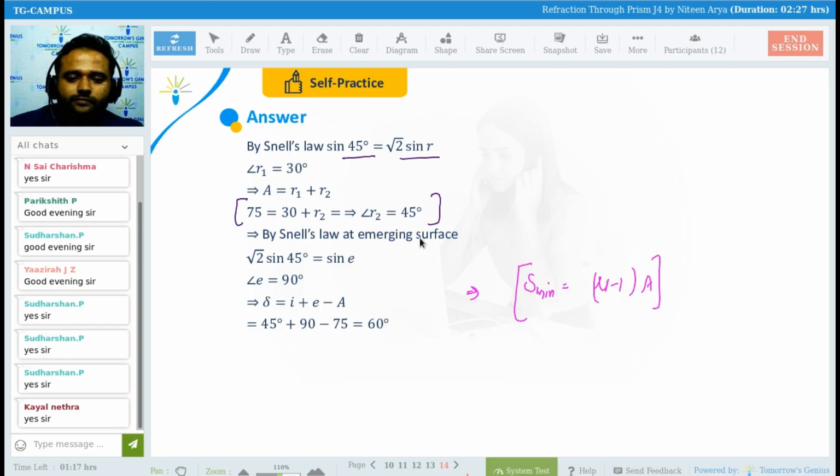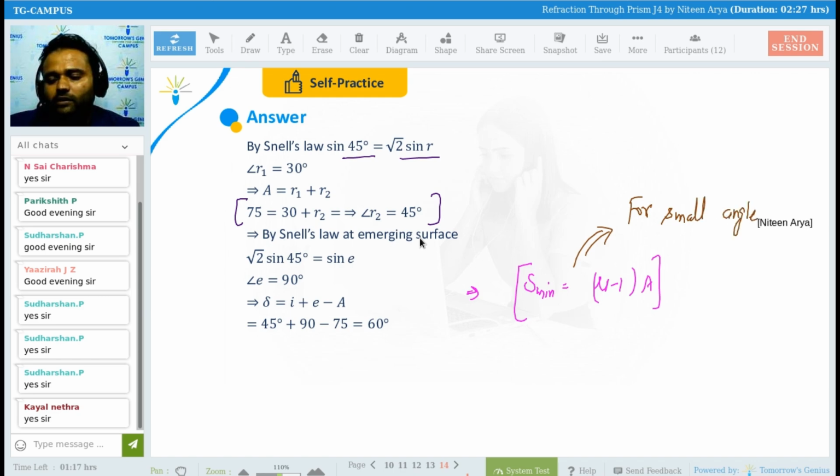Now, this one is for small angle approximation. Why should I tell you this right now?